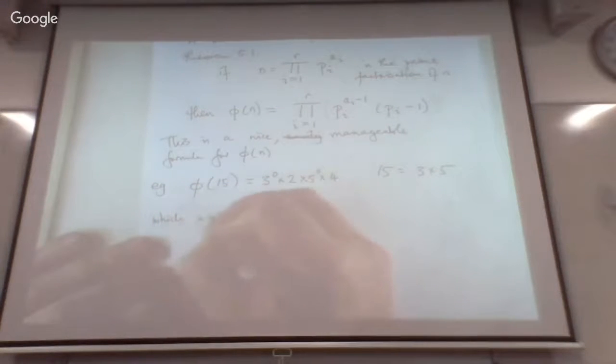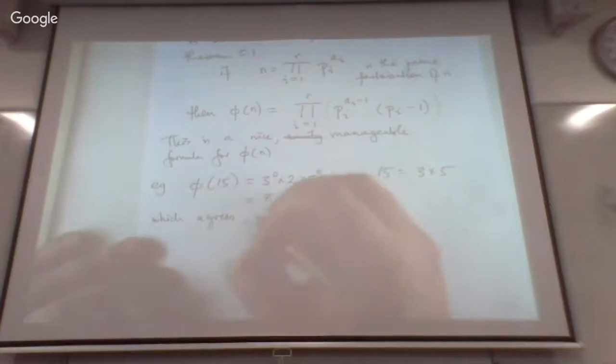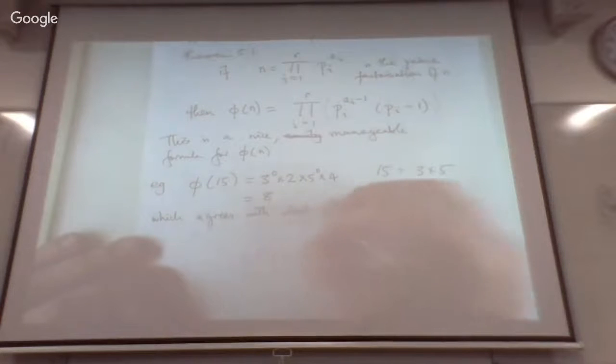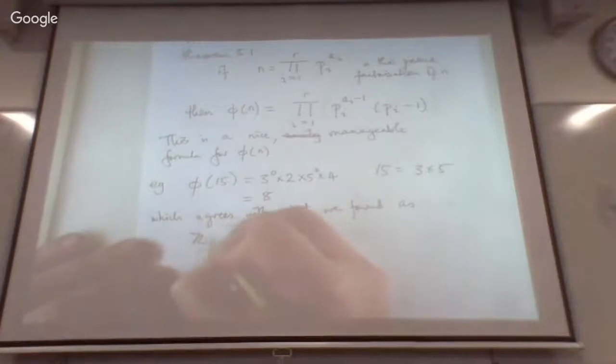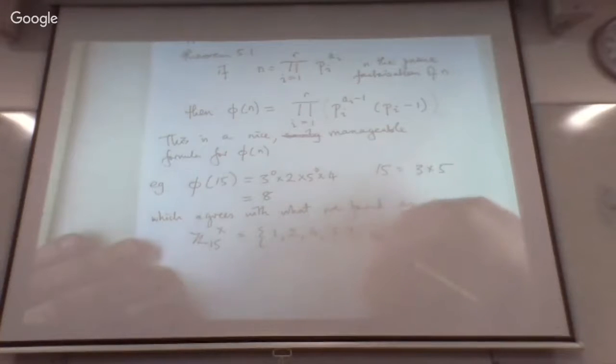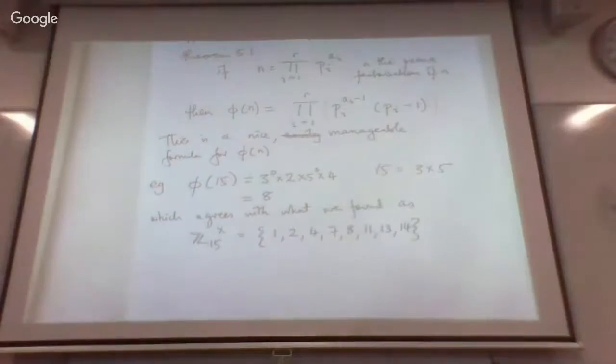Which agrees with what we see for 15, that example I was showing you on the computer, which agrees with what we found as Z15X, consisting of the congruence class of 1, 2, not 3, 4, not 5, not 6, 7, 8, not 9, not 10, but 11, not 12, since it's got a 3 in it, 13, 14. 8 things there?